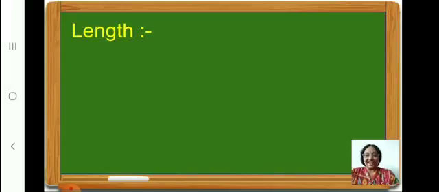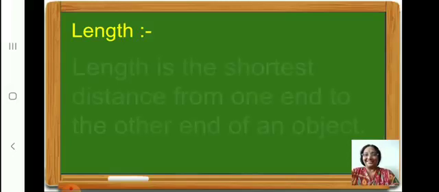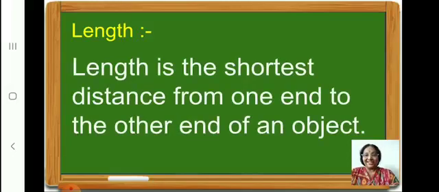Now children, let us see length. Length is the shortest distance from one end to the other end of an object. Children, in this picture, you can see two birds, an ostrich and a parrot.